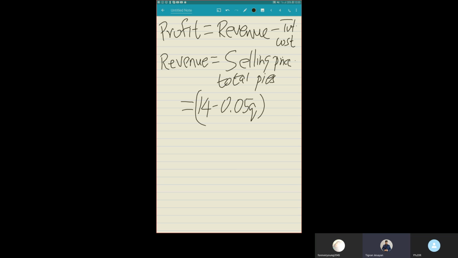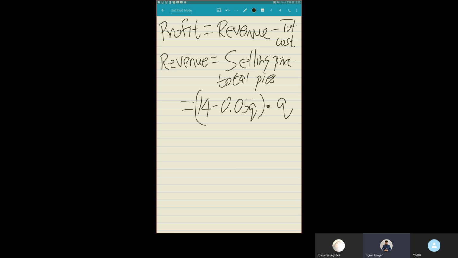So revenue is the selling price, being 14 minus 0.05Q, times the amount of pies, being Q.